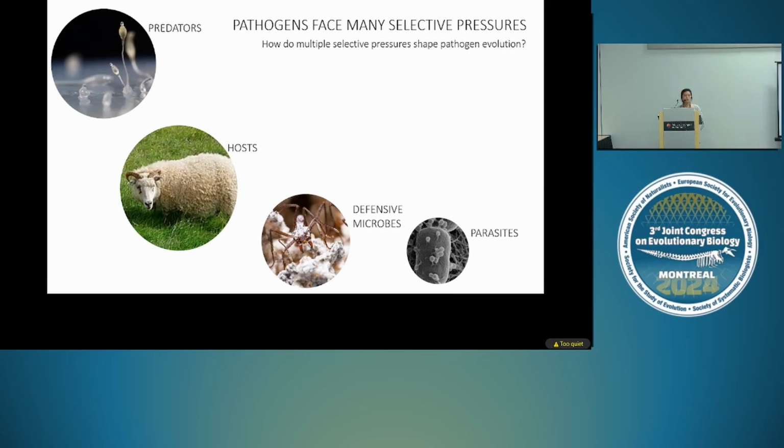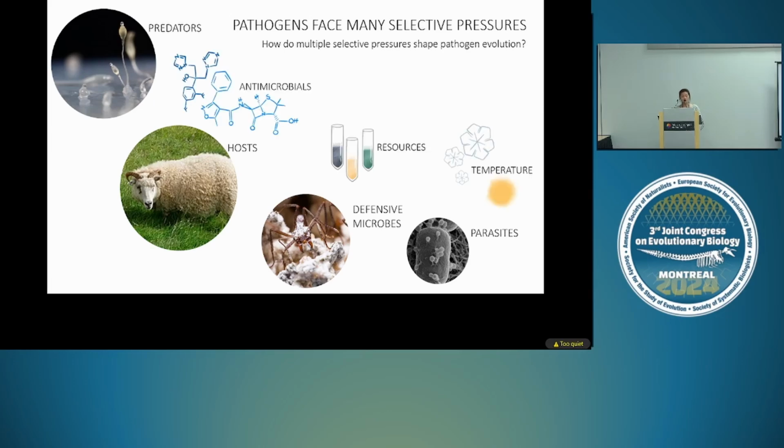In addition to having these biotic selective pressures, pathogens also face abiotic challenges like antimicrobials, resource limitations, and extreme temperatures. And like other organisms, it's unlikely that pathogens are facing these selective pressures one at a time. And so our big question today is, how do multiple selective pressures shape pathogen evolution? And we're going to focus on antimicrobials and hosts.